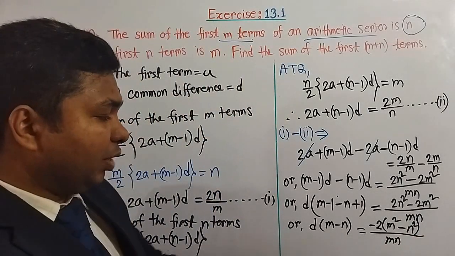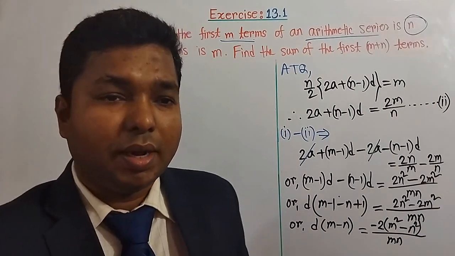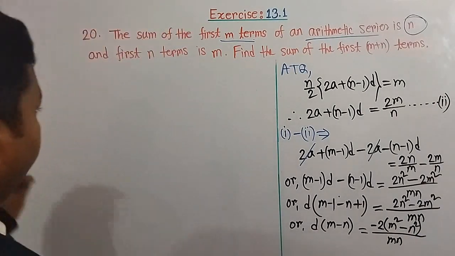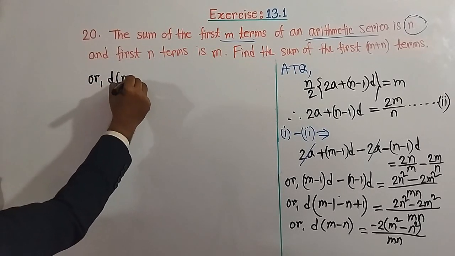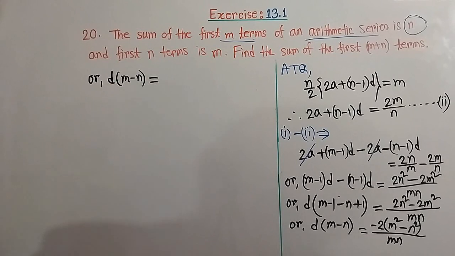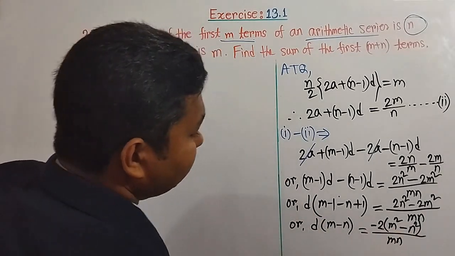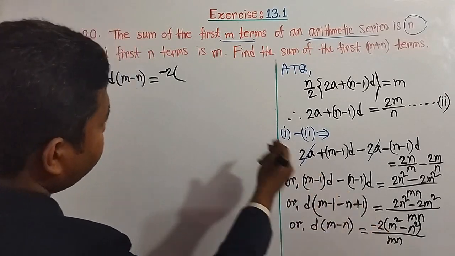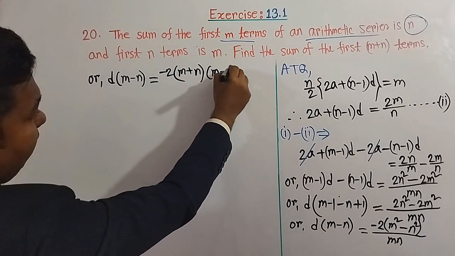Now solving this equation, at first we find the value of d. From this equation, d into m minus n equal to minus 2 into m square minus n square over mn. By using the formula, m square minus n square is m plus n into m minus n.